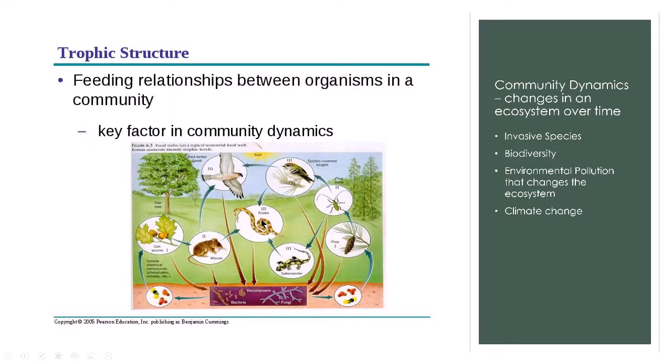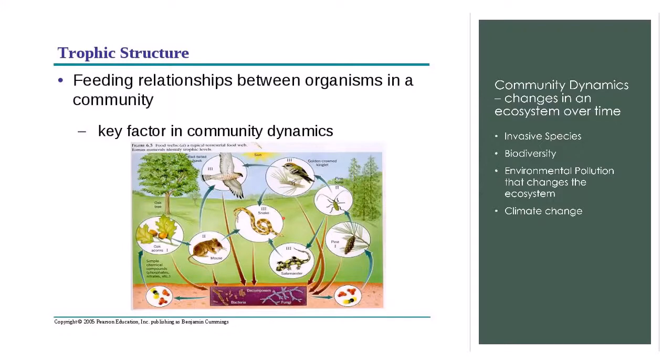Same thing with biodiversity. If you don't have a lot of biodiversity, so let's say you only have one species of snake, then if an illness comes along, it can wipe out that whole snake population, and you don't have any other animals to help with that biodiversity in this area. So it becomes stagnant.